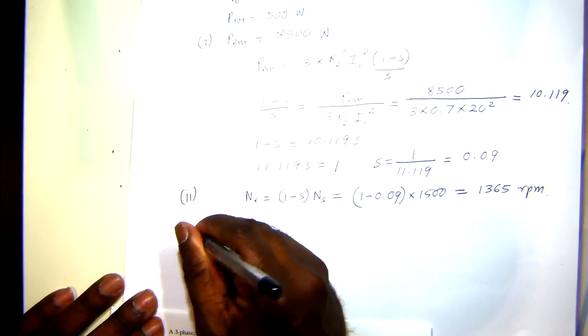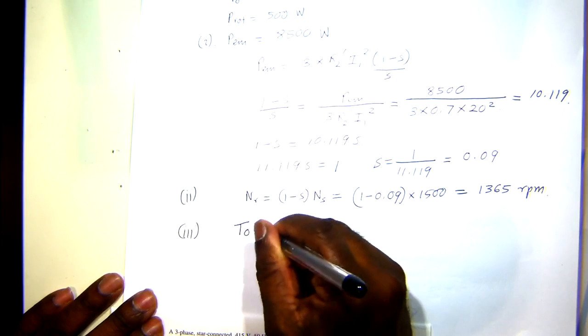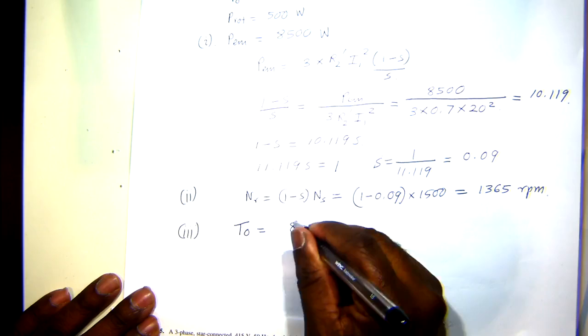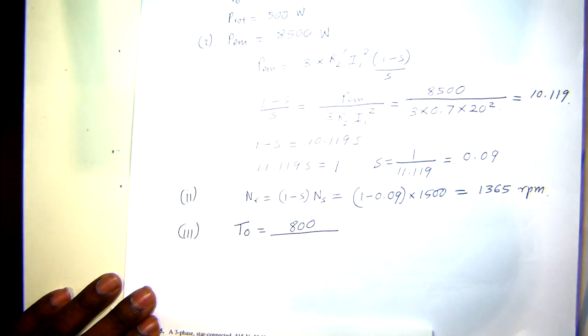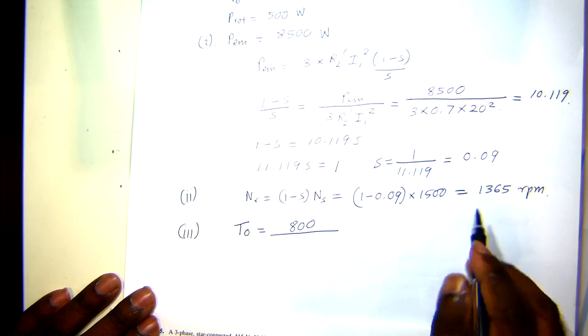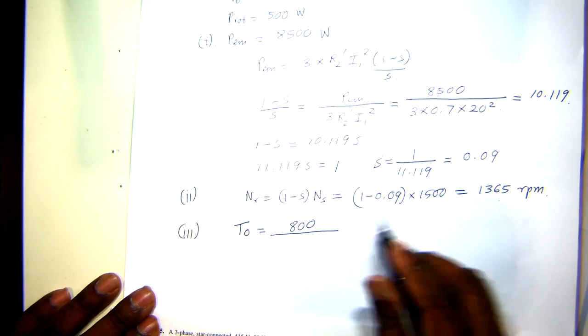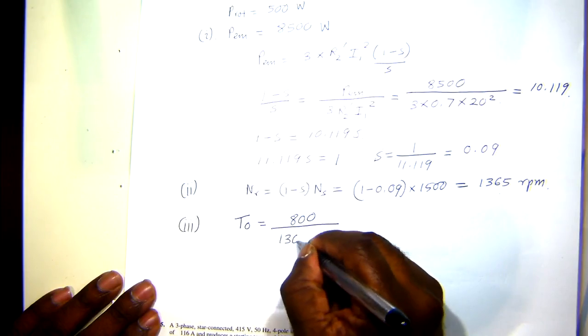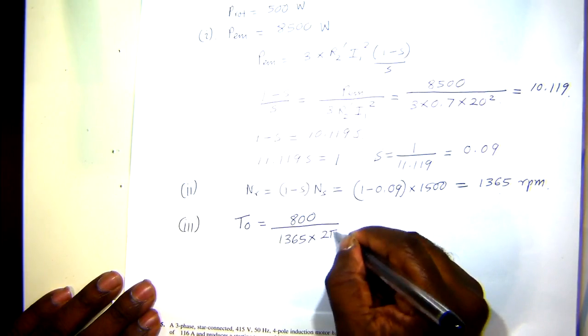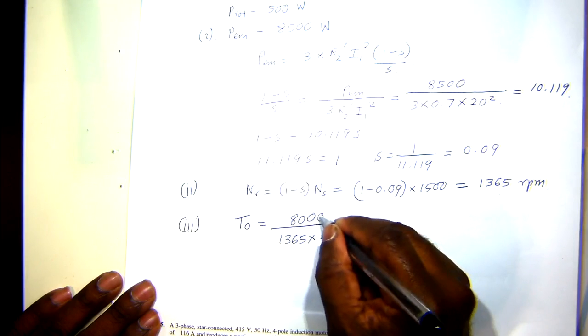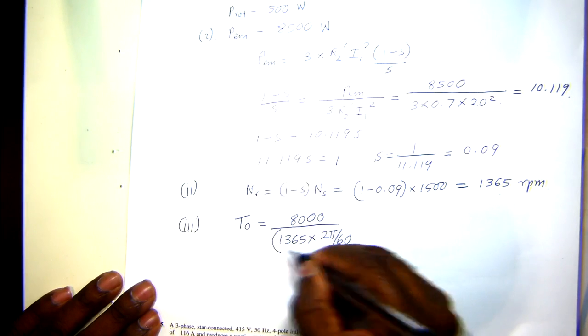So the useful output torque is the 8,000 divided by the speed. So the rotor speed you calculated here. So that will be 1365 times 2 pi over 60. 8,000 divided by this.